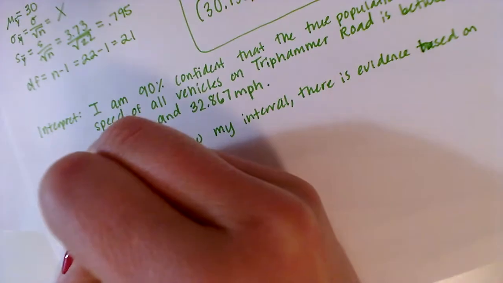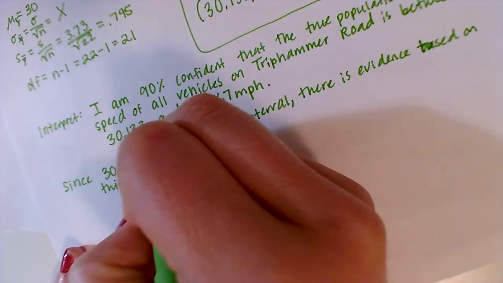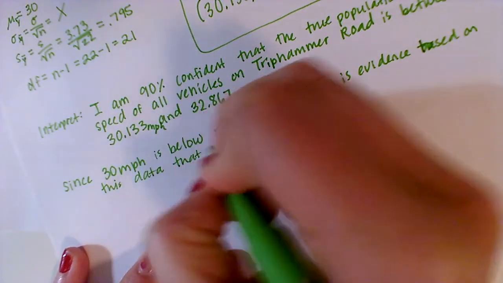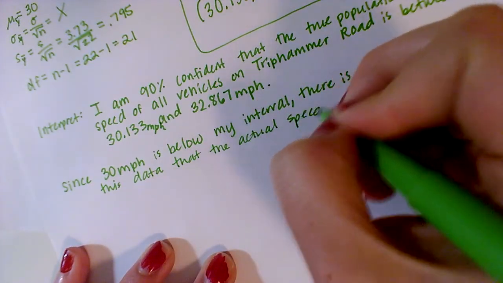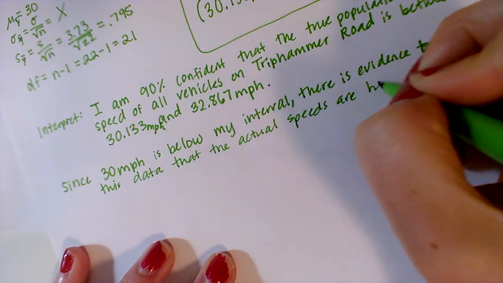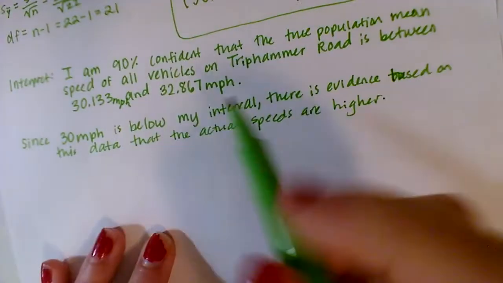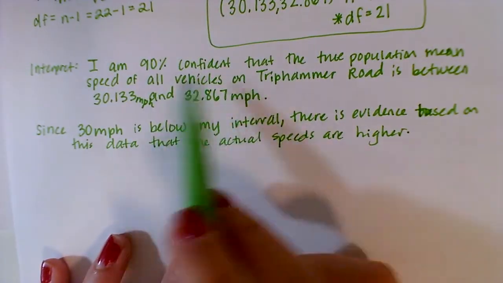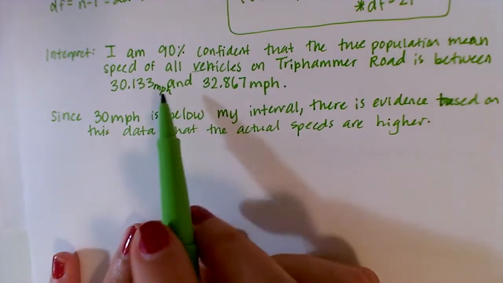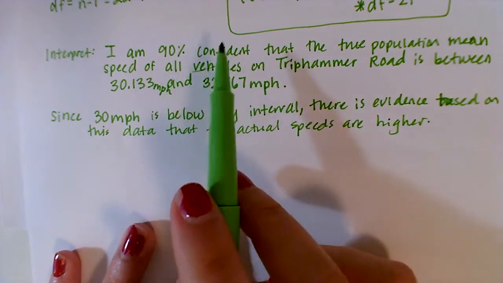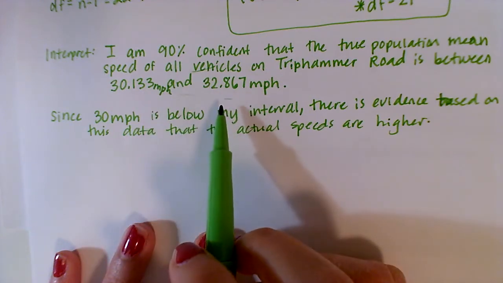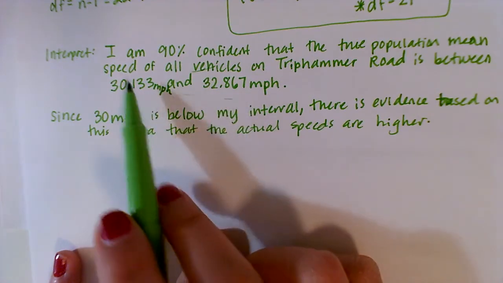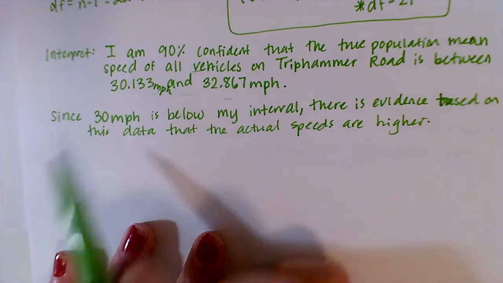on this data that the actual speeds are higher, because my whole interval, which I'm 90% confident contains the average, is between these two speeds. This bottom number is higher than the 30.